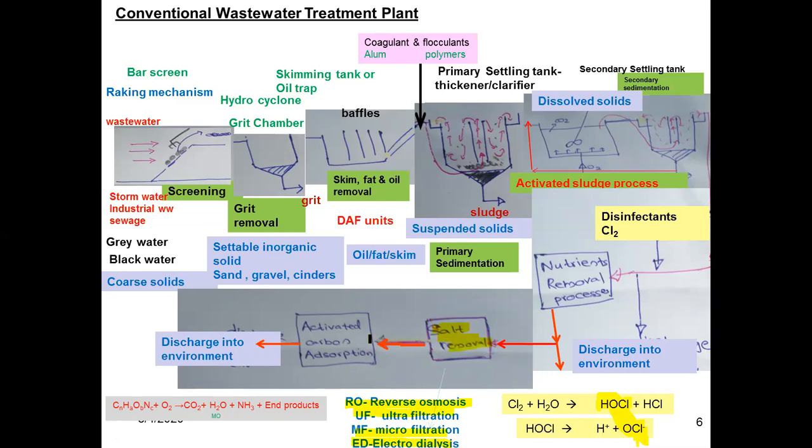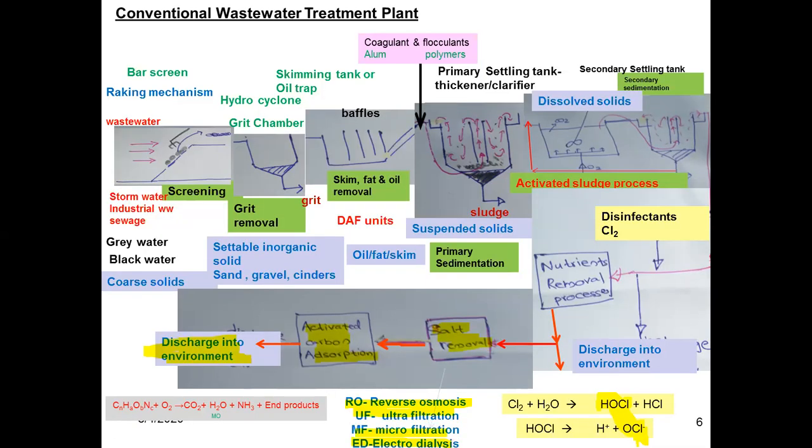Then we can get mostly purified water. Then we send the water through activated carbon adsorption, and we can get 100% clear water. Then we can discharge the water into the environment.